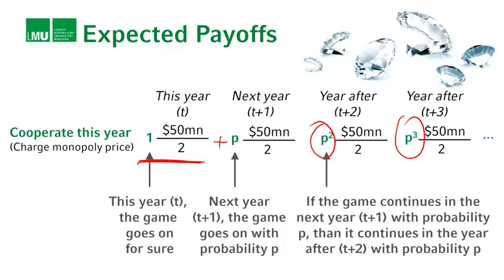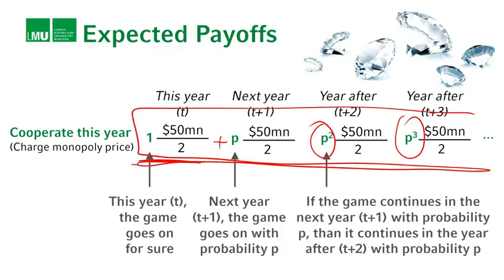And the good thing is that smart mathematicians have figured out a way of not having to write out all of this until infinity, right? Because there's a tiny possibility that this market is still going to be alive in t plus 15,000, and you really don't want to write out every single payoff from today till t plus 15,000.